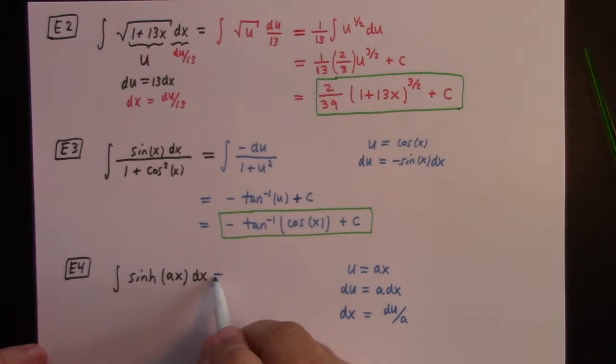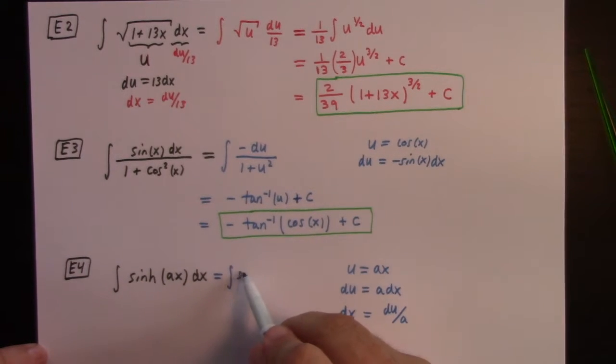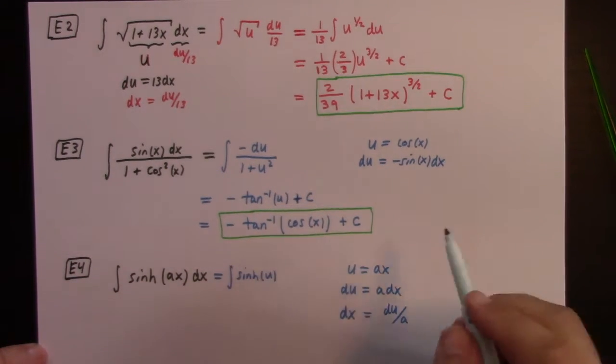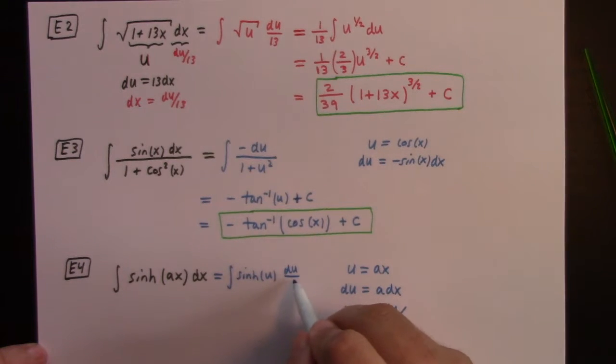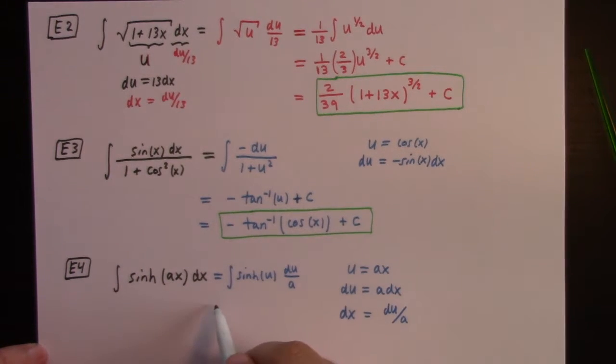So I can trade this for the integral of sinh of u times du over a. And then I get cosh of u divided by a plus a constant.